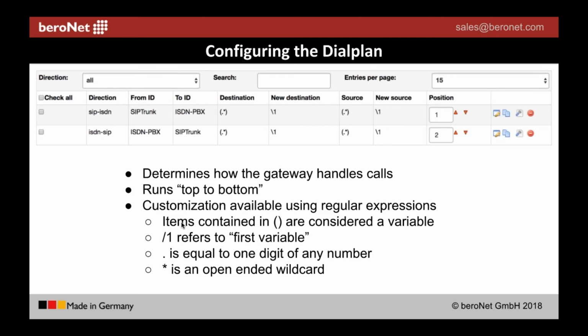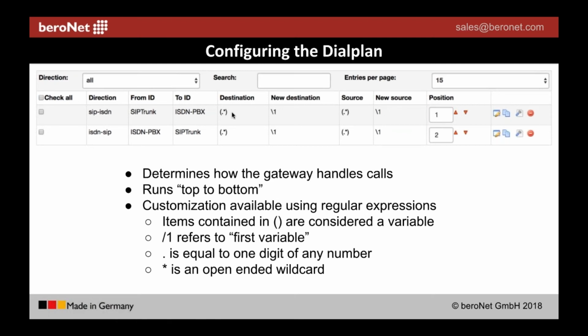The way the regular expressions essentially work is you have variables contained in these parentheses, brackets. Everything inside the brackets is counted as a variable. So I have one variable here, and I'm calling that first variable, which is that slash 1.